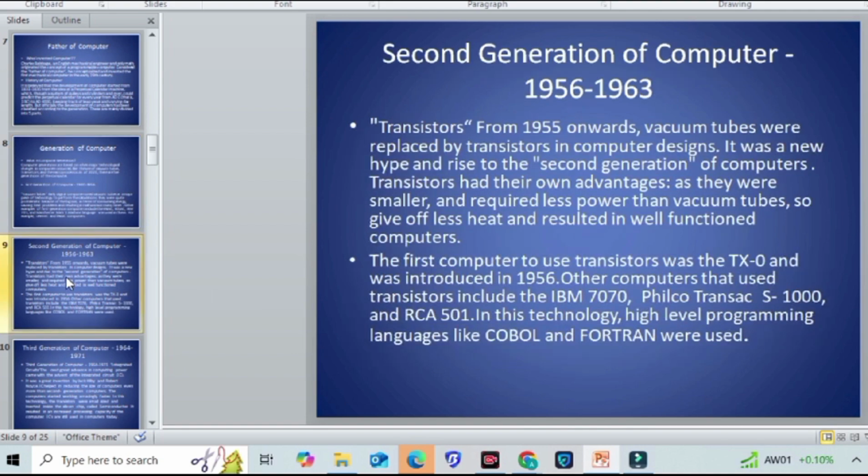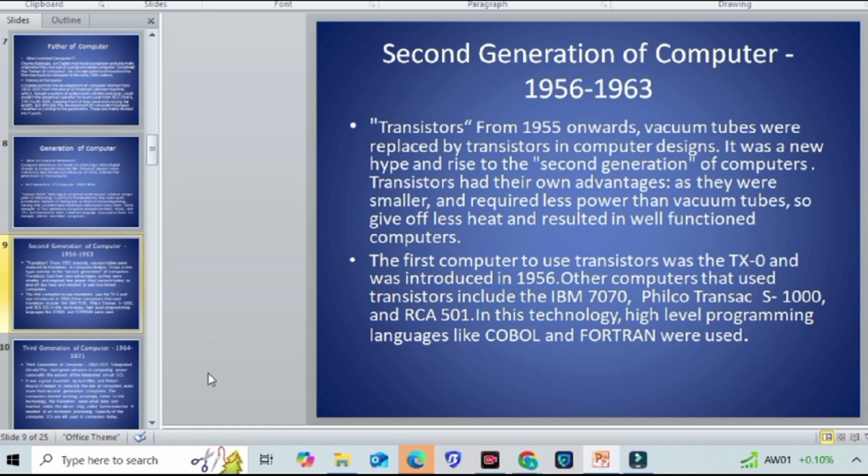Second generation of computer, 1956 to 1963, transistors. From 1955 onwards, vacuum tubes were replaced by transistors in computer designs. It was a new hype and gave rise to the second generation of computers. Transistors had their own advantages, as they were smaller and required less power than vacuum tubes, so they gave off less heat and resulted in well-functioning computers.